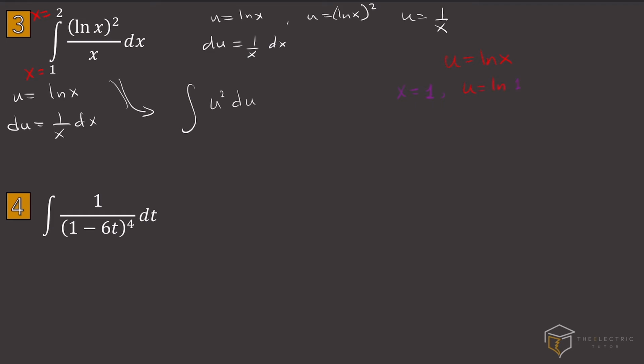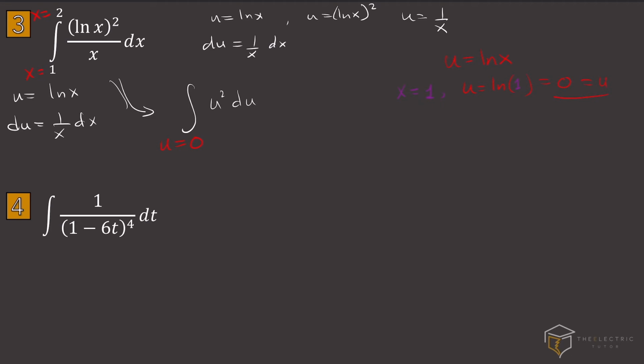And what's the natural log of 1? It's 0. Therefore, my first limit of integration is going to be u equals 0. Again, I don't really have to write this, but for the purposes of being very explicit, I'll do it. You can do that if you want for u sub. A lot of the times I actually do it just to show that I know.